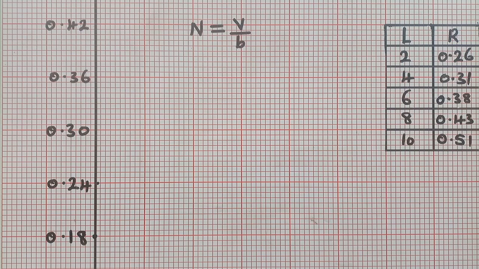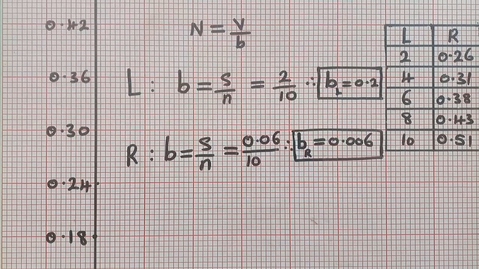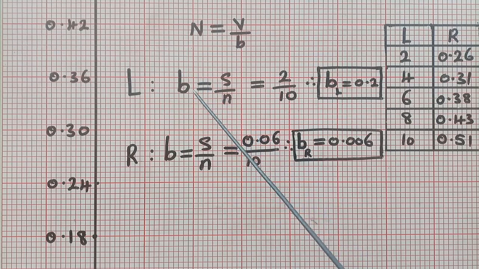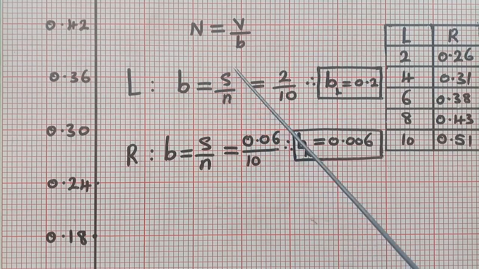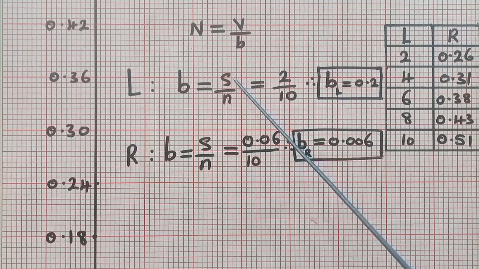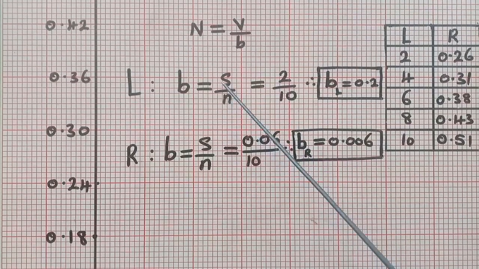Let's find out. In an effort to find the value of one small box for each axis, the formula for finding one box is given as B is equal to S over N, where S is the scale and N is the number of boxes in one interval.